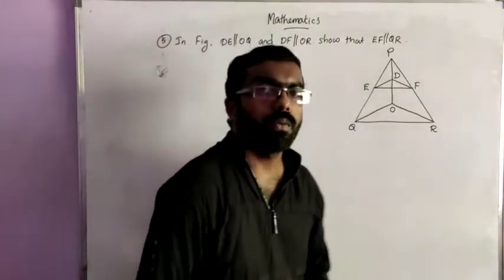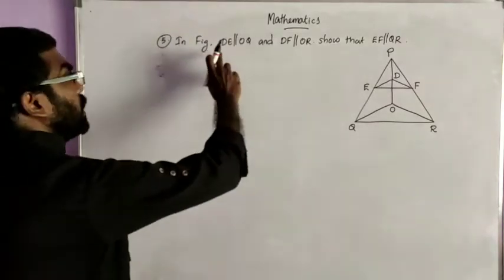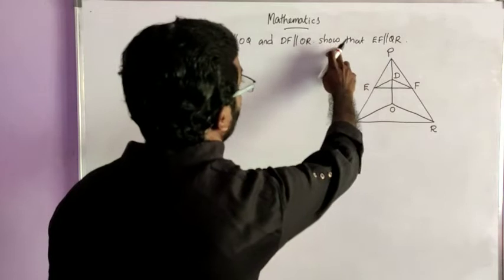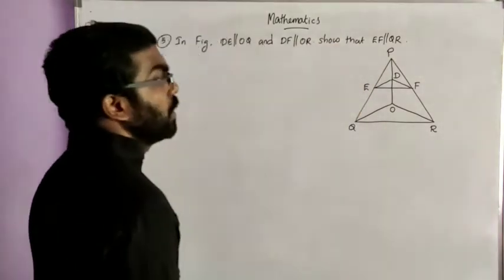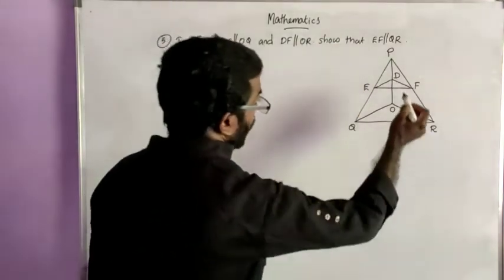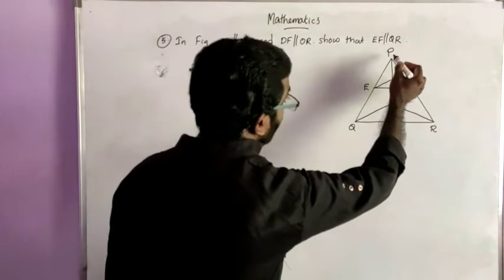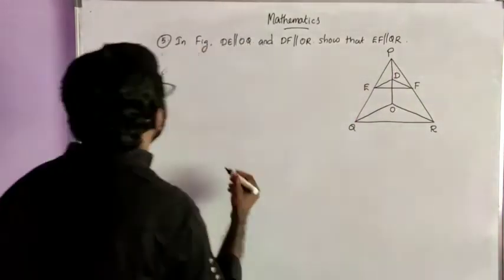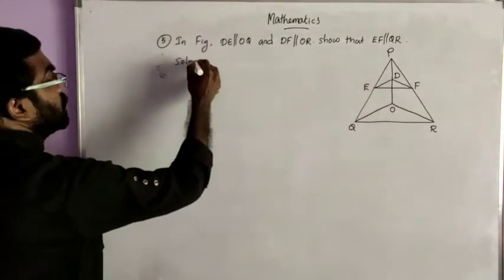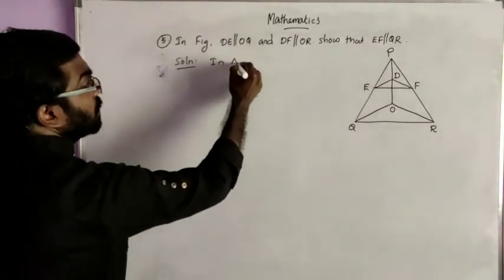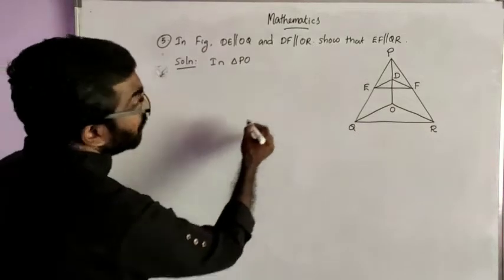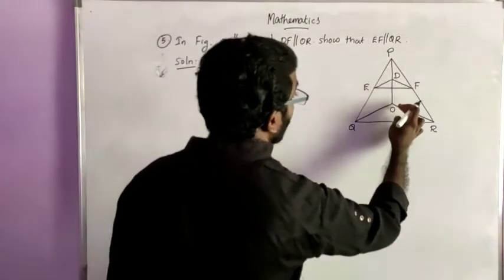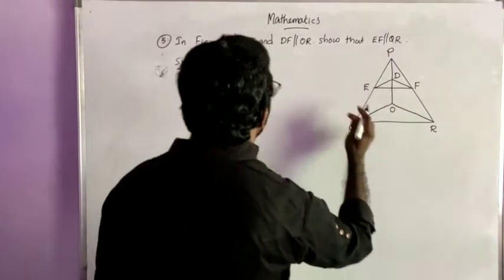Now we move on to question number 5. In figure DE parallel to OQ and DF parallel to OR, show that EF is parallel to QR. So here also we can take two triangles, POQ and POR. So first in triangle POQ, DE is parallel to OQ.